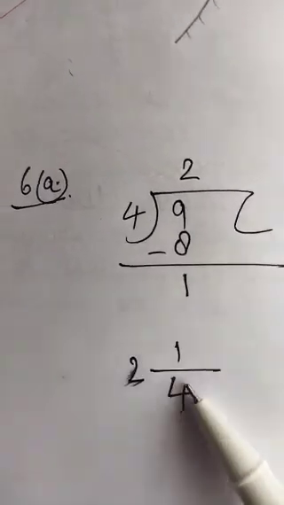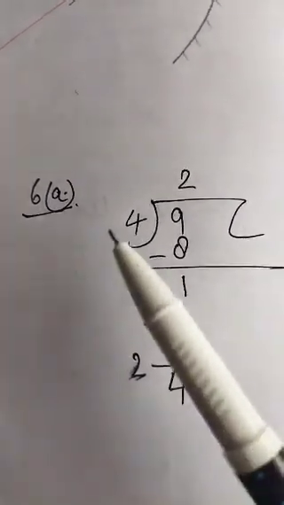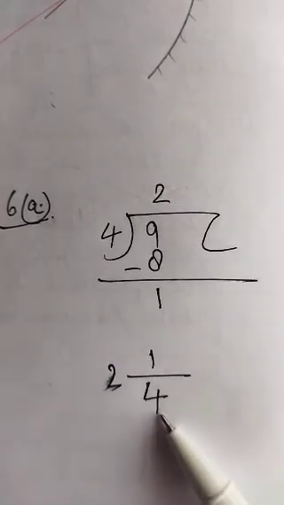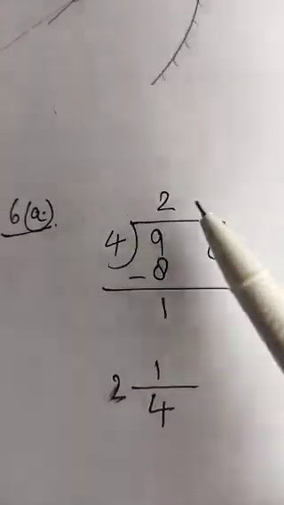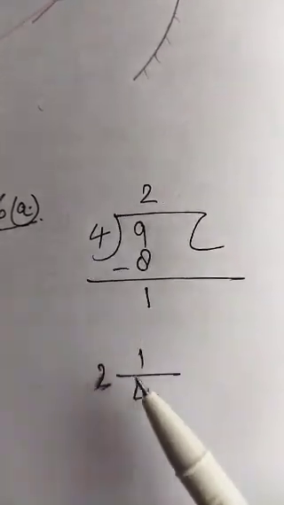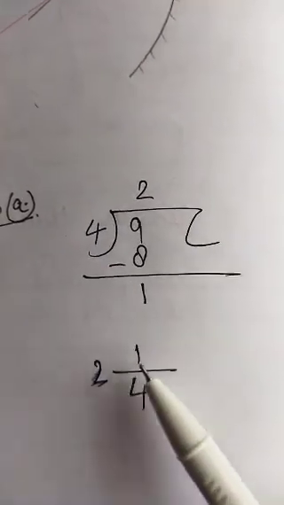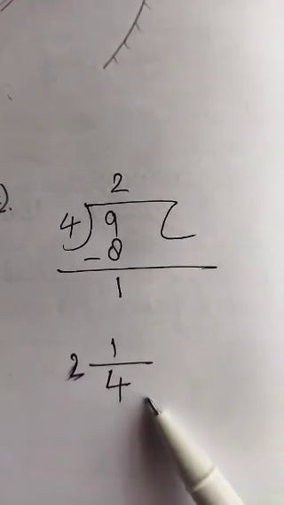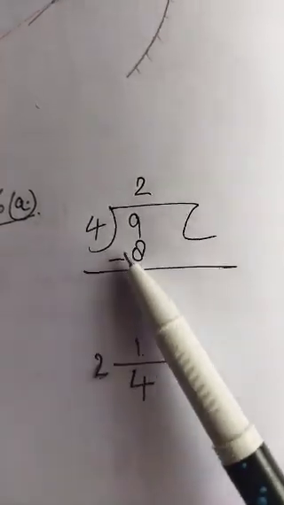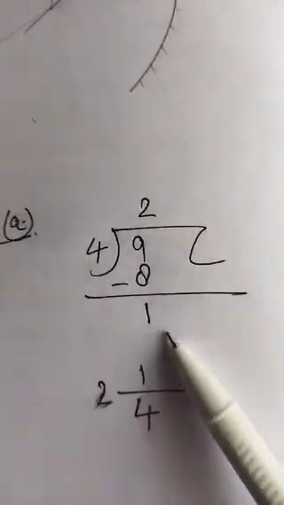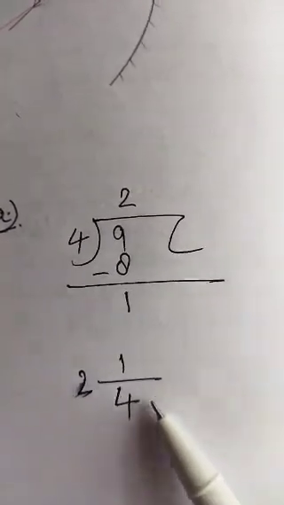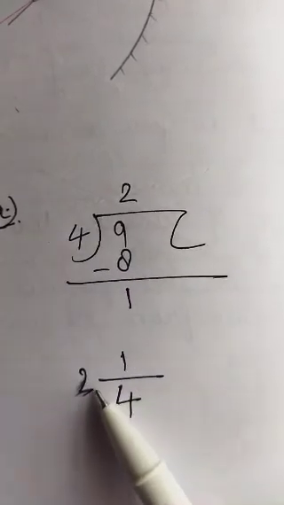The remainder will be written in the numerator and the denominator in the question will be the denominator in the answer also. Then the quotient will be written in the whole place. So now this is converted into a mixed fraction and the answer is 2 whole 1 upon 4. Like this you have to change into mixed fractions. It means you have to divide both numbers. After dividing, the remainder will become the numerator, the denominator will be the same as in the question, and the quotient will become the whole number.